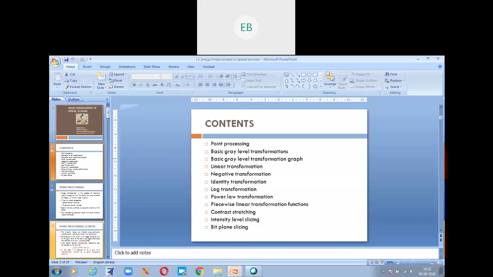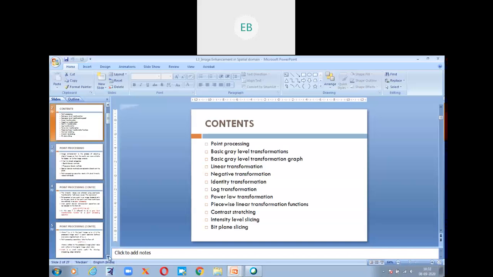Fine. Then what is linear transformation? Why do we use linear transformation? We have three types of basic gray level transformations, right? That is linear transformation, log transformation and power law transformation.